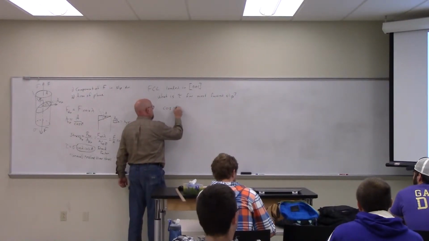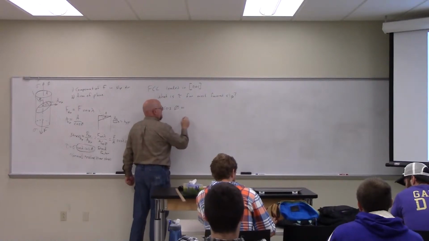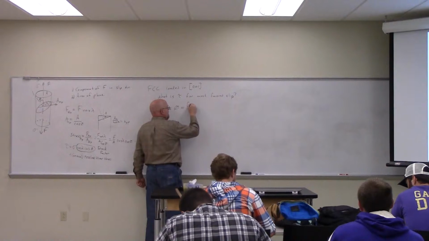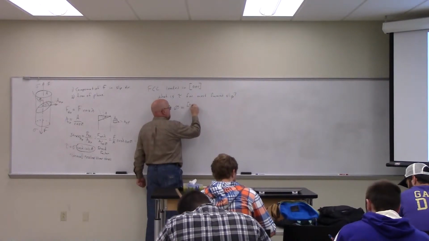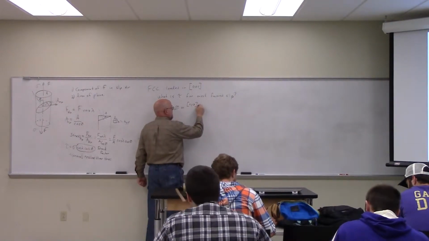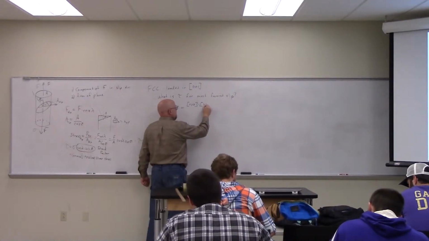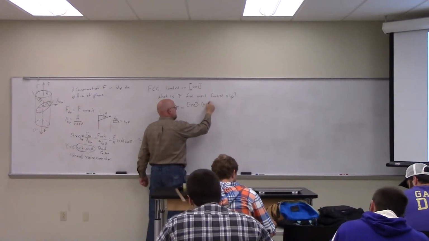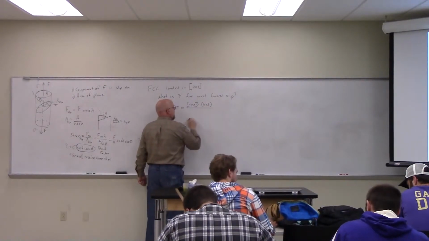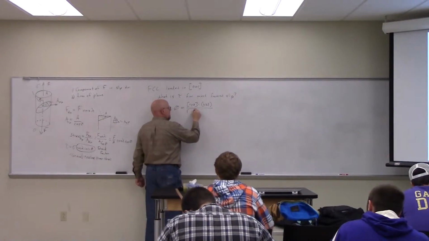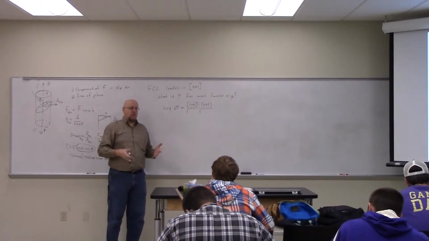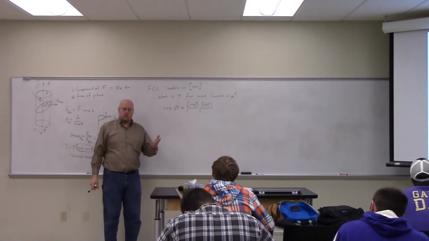To find cosine of phi, we have to do the dot product of the direction dotted with the normal, not square brackets, divided by the lengths. Dot product is always what you use to find the angle between things.